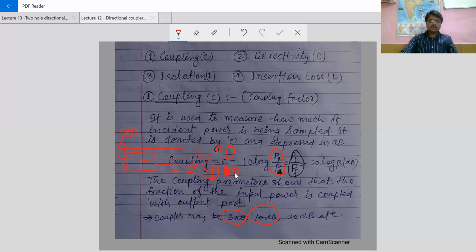Then this is known as a 10 dB coupler. How? Let P1 be 100 and P4 be 10. So 100 upon 10 will be 10. Log 10 means 1, and multiplied by 10 is 10 dB.